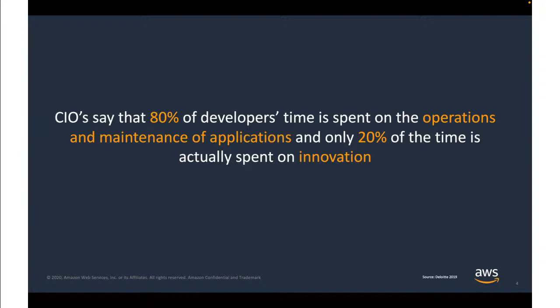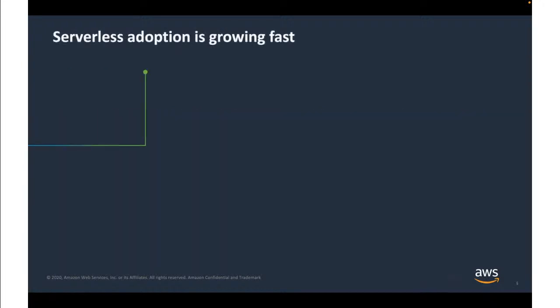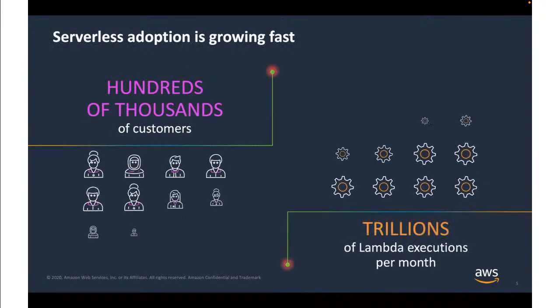But most of the time at large organizations, especially those who already have a lot of install base, the developers have to spend a lot of time in the upkeep, the keeping the lights on activities, right? So they spend a lot of time in operations and maintenance. So we want to turn that around, and that's where serverless adoption is growing fast.